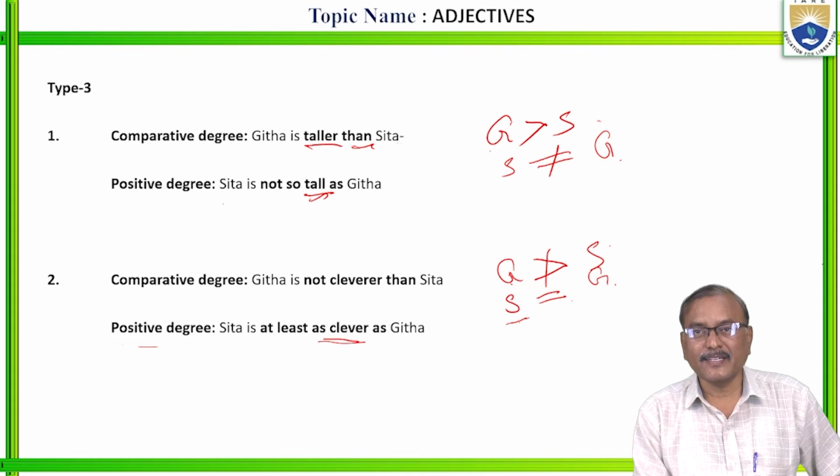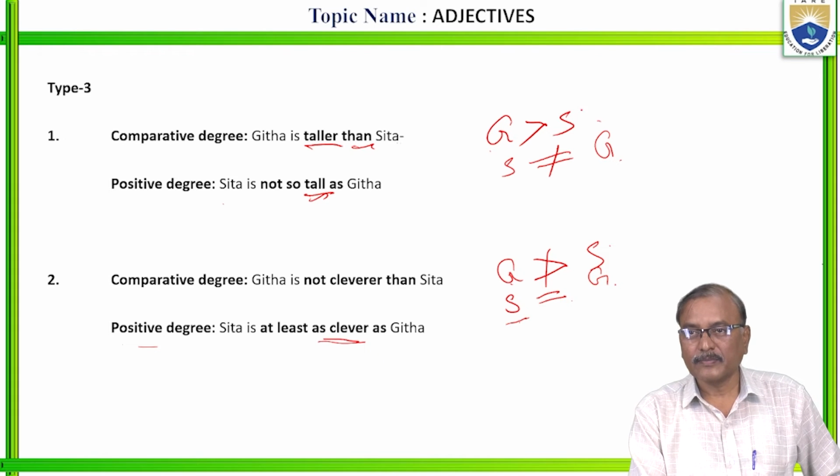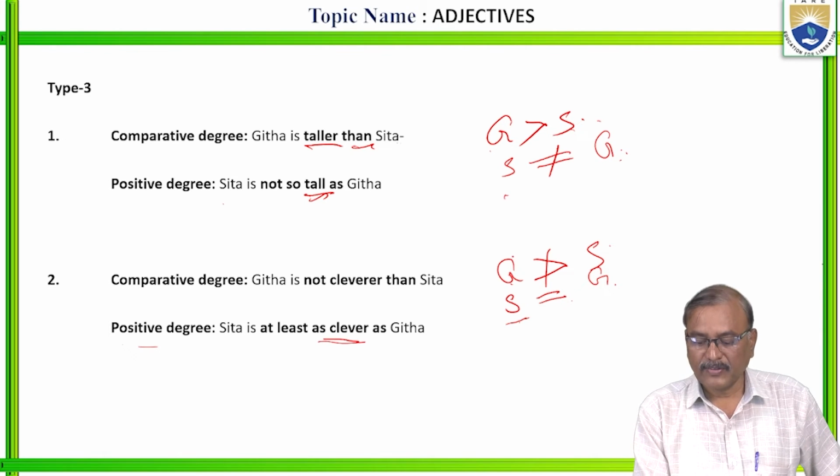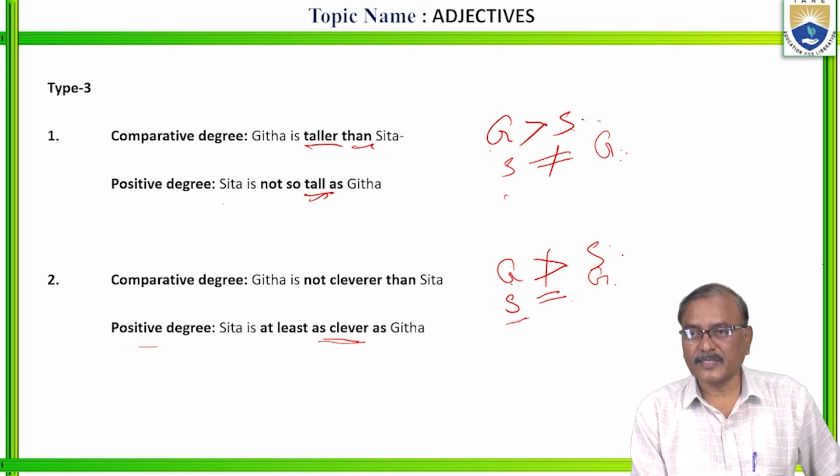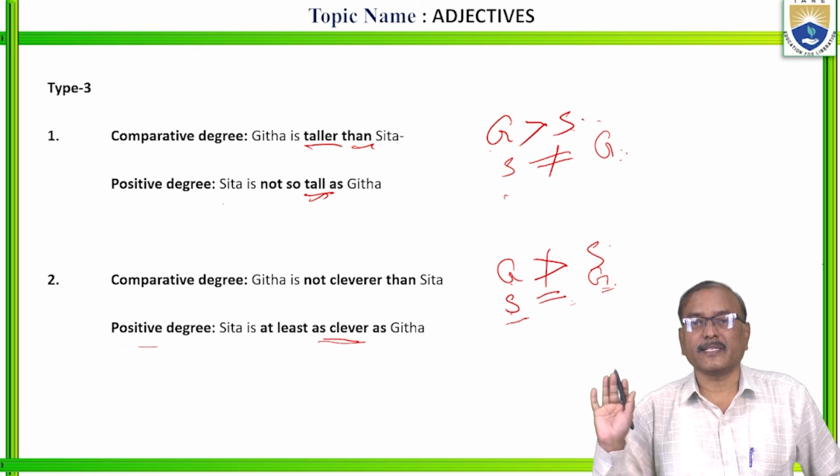Any clarification needed here? So here, when one is more than the other, this person cannot become equal to this person. When one is not more than the other, this second person can become equal to the first person. Remember this, right?